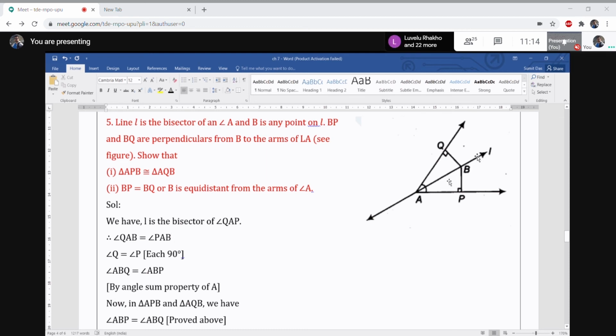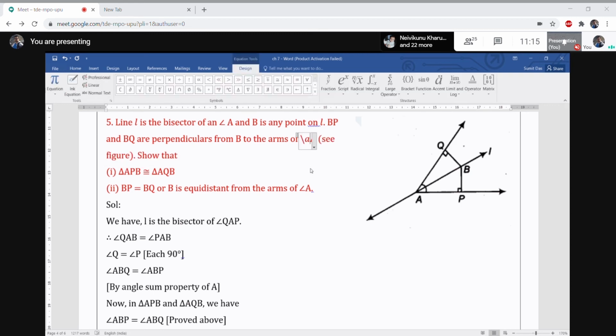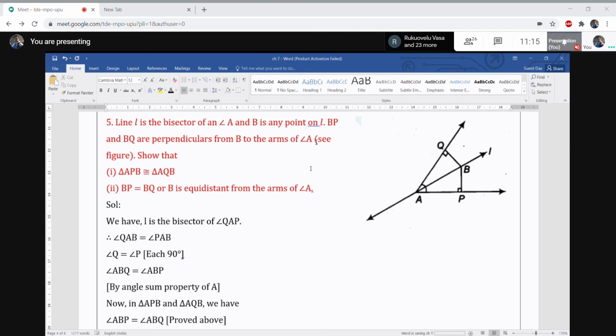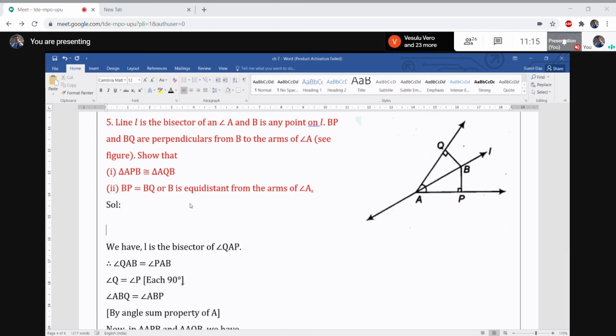The arms of angle A, not LA. So from the point B, we have perpendiculars on the arms of angle A. Okay, so let's write down the given part.